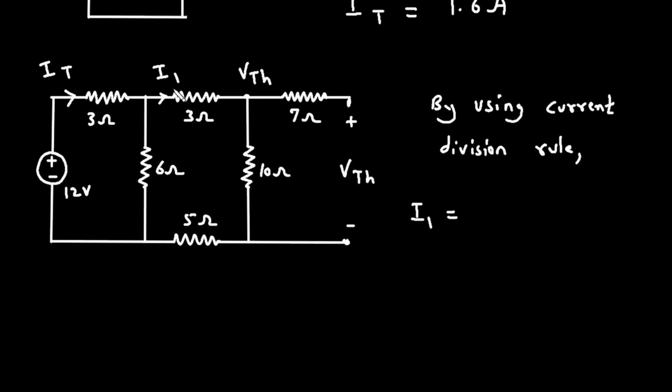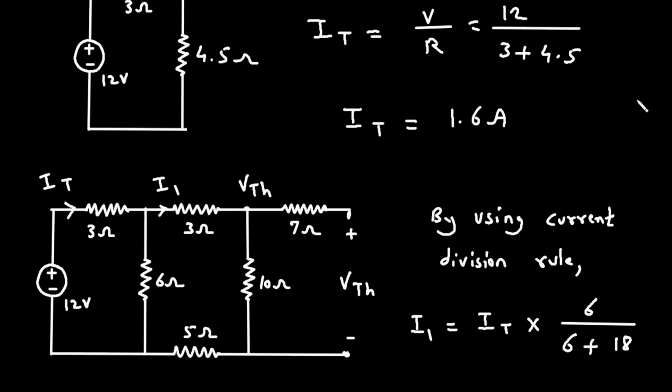I1 is equal to this current IT multiplied with opposite branch resistance. Now opposite branch or parallel branch to this branch is 6 ohm. So 6 divided by 6 plus, now we have to take addition of all of this, 3 plus 10 plus 5. So 3 plus 10, 13, 13 plus 5, 18. So therefore I1 is equal to, now the value of IT is 1.6.